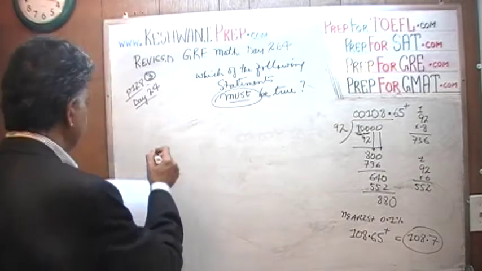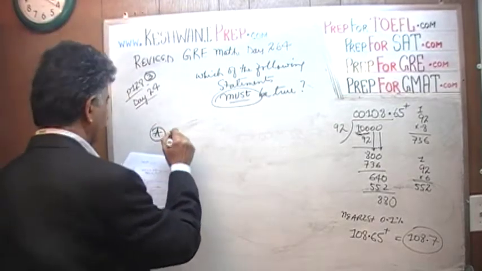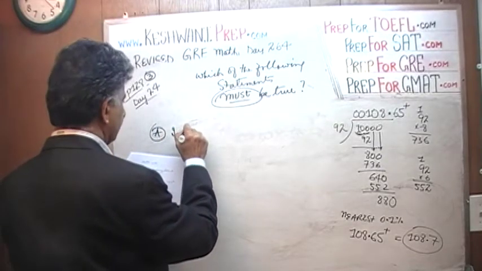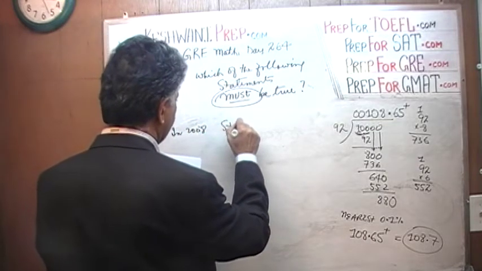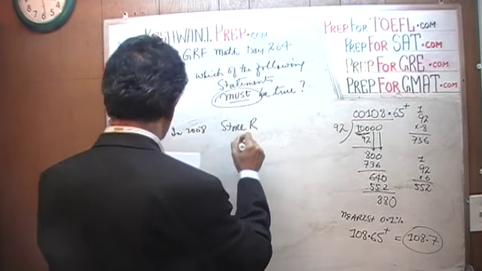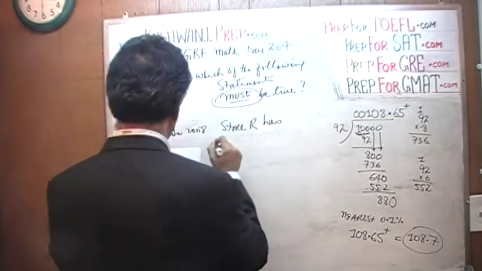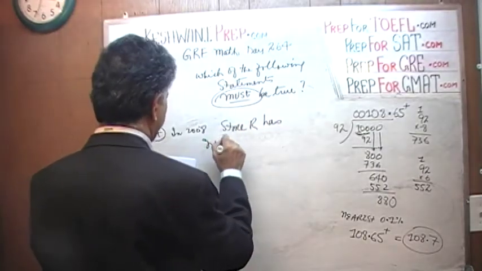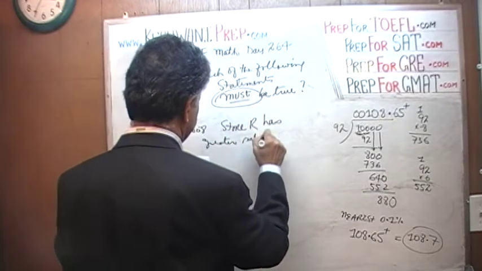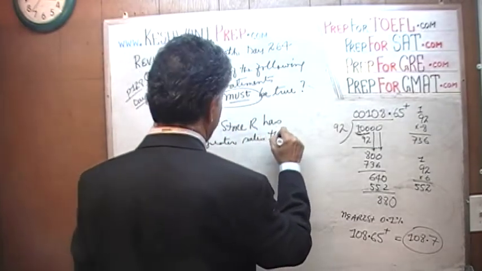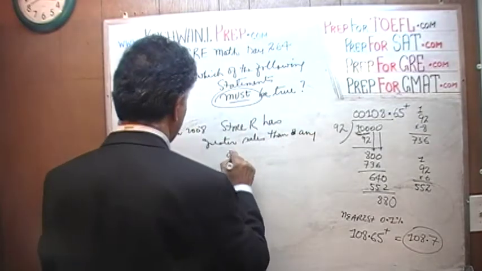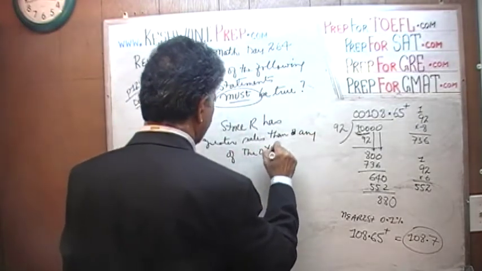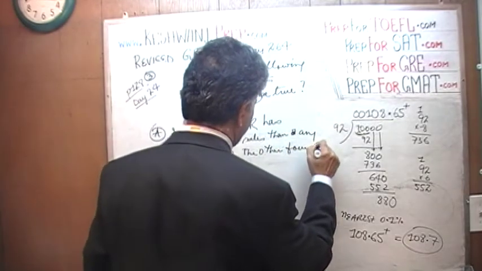Statement number 1 says, in 2008, store R has greater sales than any of the other 4 stores.